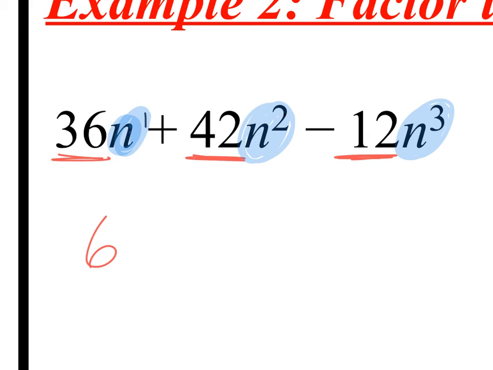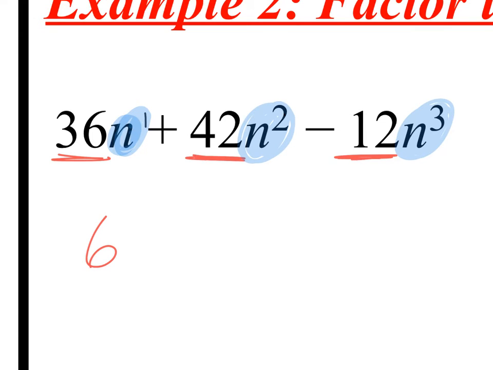Looking at these three, your lowest exponent of those is what? 1. You can only take out 1n because the first term only has 1 to take away. I know you could try to take away 3, but there's not 3 to take away from the first term. So you take out the lowest exponent.